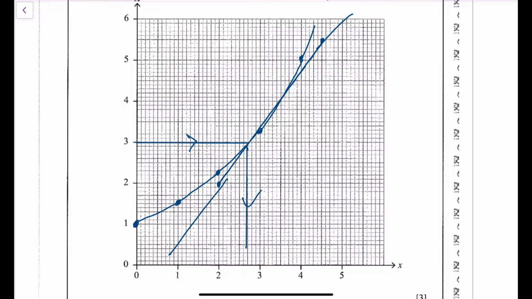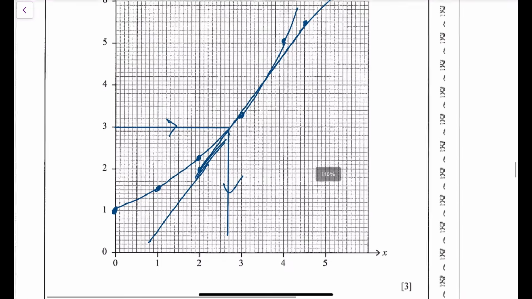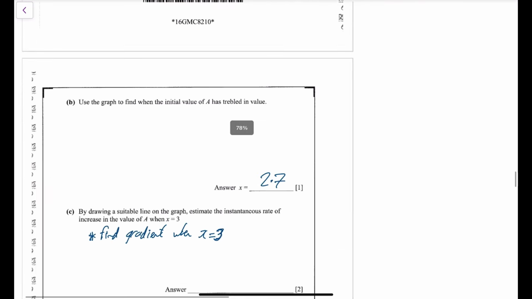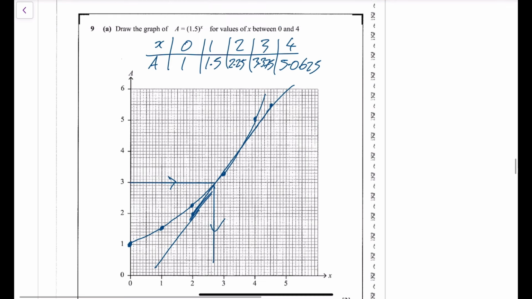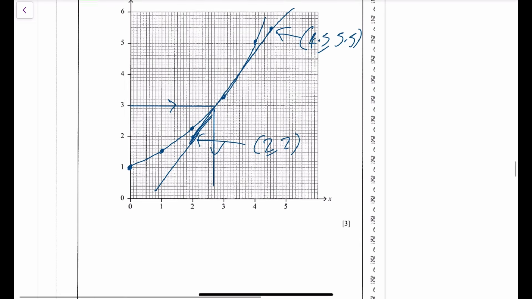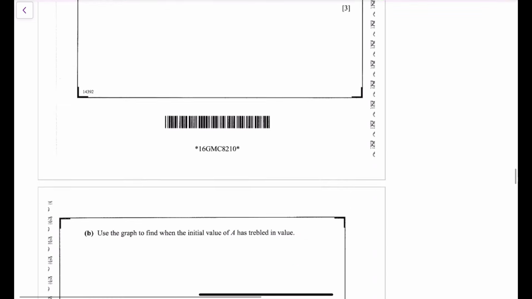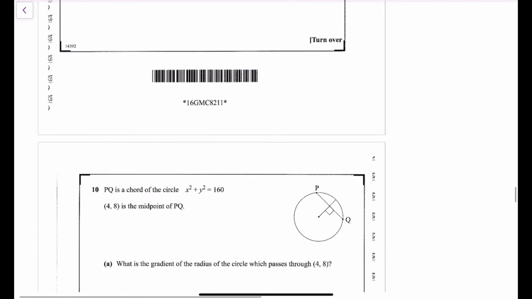I'm doing this freehand just to show you we're not using this one. Do it properly. But when I did that, this was a nice point, and your line's nearly bound to go through a nice point. You don't want to pick points which are too close together. That was 4.5, 5.5, and this point here that it went through was 2.2. So there's 2 nice points, and I want to find the gradient of that. Let me write those down again.